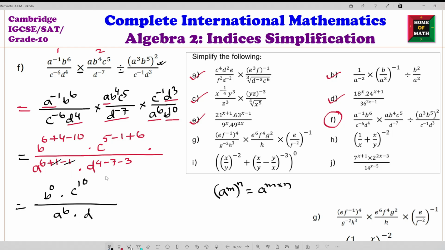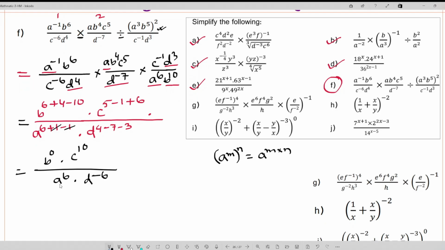And for d, 4, and here is minus 7 and minus 3, it will be minus 10, and it's a minus 6. We can write this one from the denominator to the numerator. So c to the power 10, a to the power 6, times this d to the power minus 6, we can write d to the power 6. So our answer is this.